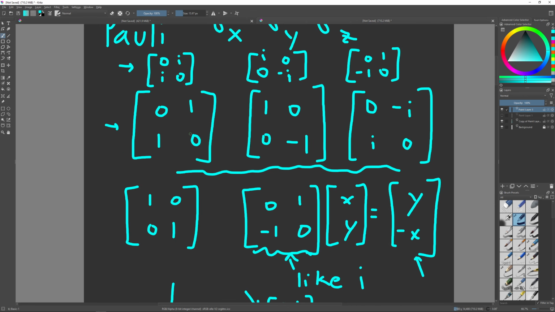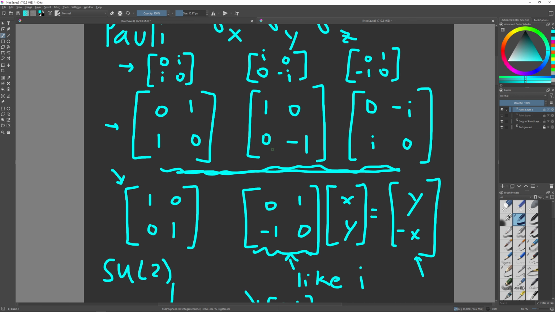So these three matrices, the Pauli matrices, together with this identity matrix, in some way they are equivalent to the quaternion algebra. They're used for the spin in quantum mechanics. And so we say that these form a basis.